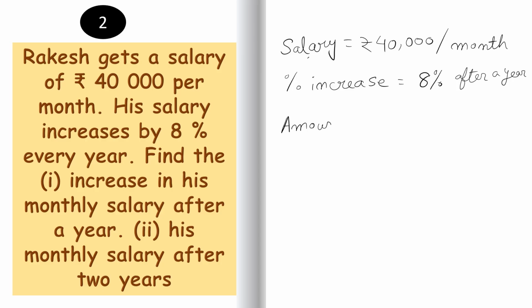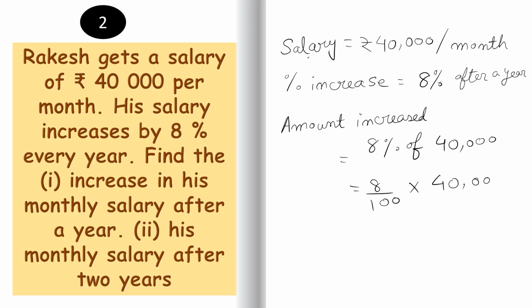Amount increased is 8% of his original salary. What is the original salary? 40,000. 8% means 8 by 100 of, means multiply 40,000.